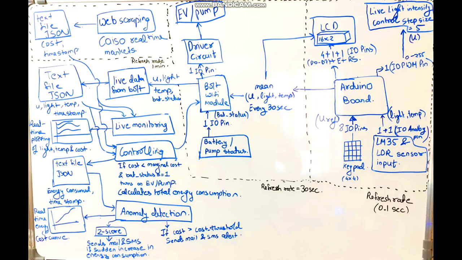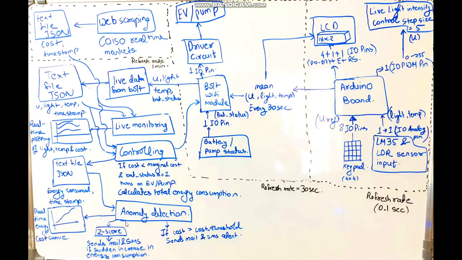What is also happening with this controlling algorithm is that it is generating a real-time energy cost curve. Actually, that was a mistake earlier: the anomaly detection script is not generating the real-time cost curve, it is the controlling script that is generating it.